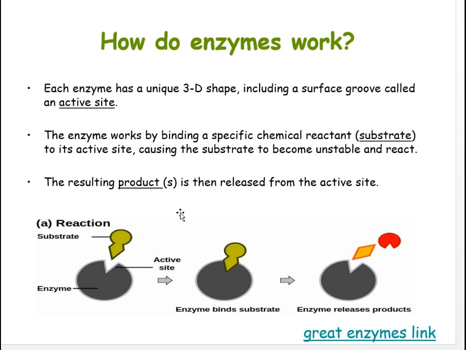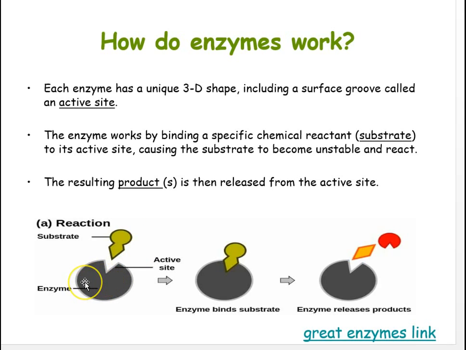Each of these enzymes has a 3D shape, and it's called an active site. It's one product that fits into this little pocket, and only that one product can fit into this pocket. So let's name an enzyme and let's name a product, because there's a specific enzyme for every product.